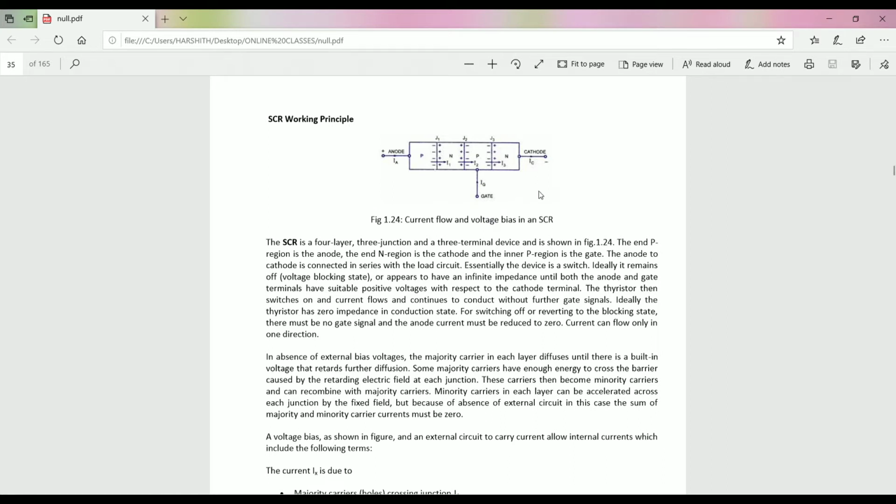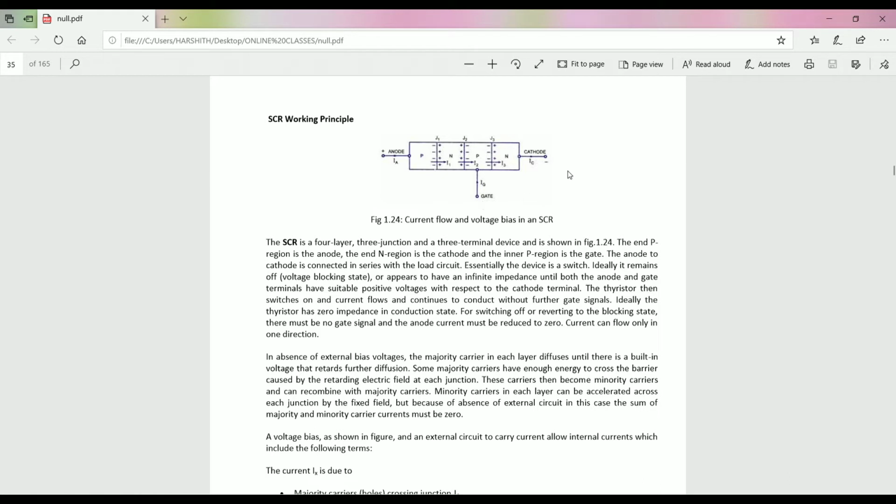The gate is the control terminal. Consider a voltage applied between the gate and the cathode when the SCR is in the forward blocking state.